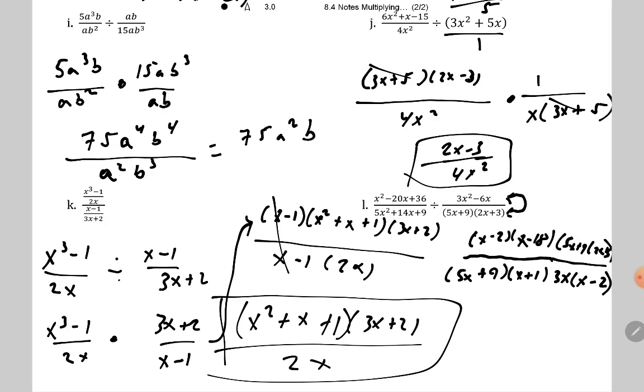If we cross out the (x minus 2)'s, and that's it. Oh, and the (5x plus 9)'s. There we go. So we have (x minus 18) times (2x plus 3) divided by 3x times (x plus 1).